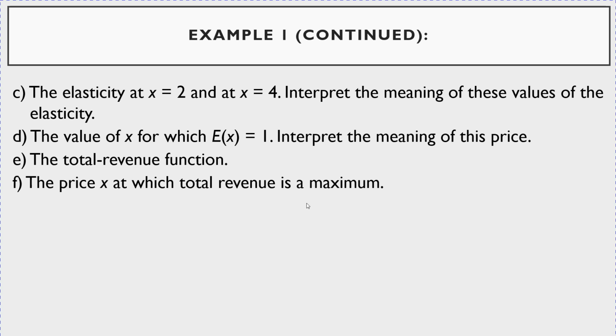D, we want to find the value of x for which elasticity is equal to 1. That's unit elasticity, and then we want to interpret the meaning of this price. E, we want to find the total revenue function. And then F, finally, we want to find the price x at which total revenue is maximized.